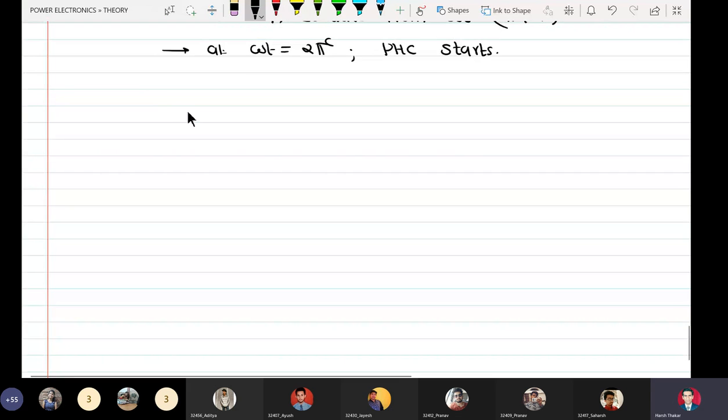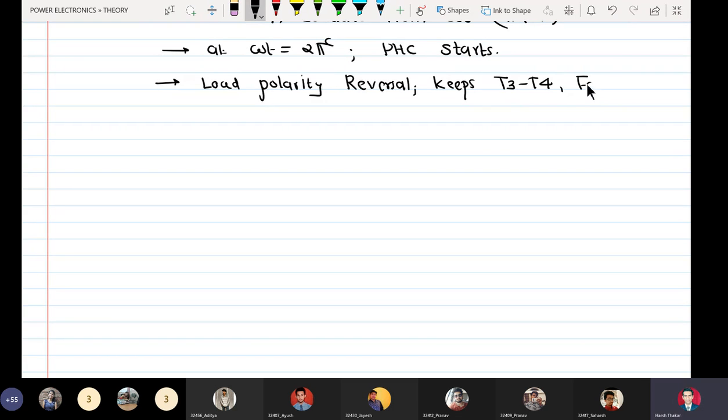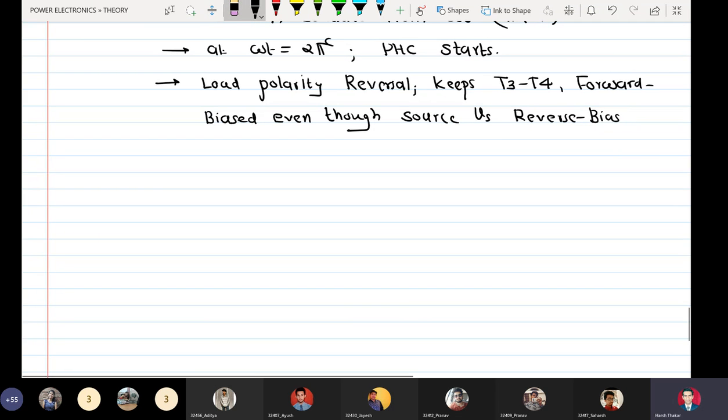Okay, so we can say here load polarity reversal keeps T3 T4 forward biased even though the source Vs applies a reverse bias.